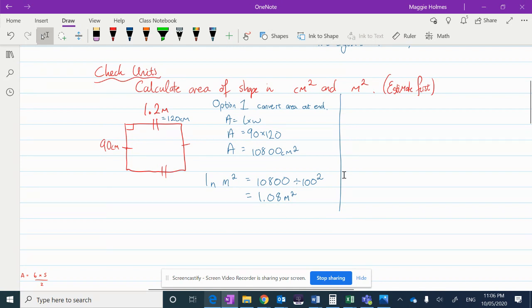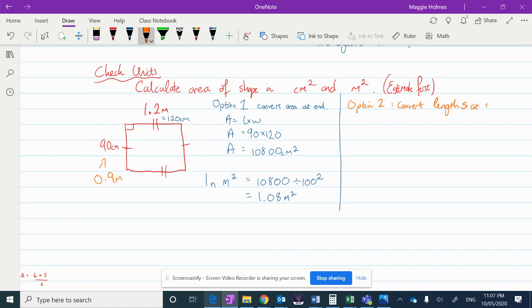Okay, your other option, instead of using the area that you've calculated and then converting units, is you can go back and start again and change this one into meters. So converting all of your units at the start, convert lengths. Converting all units at the start means that you're not having to convert areas and volumes, which is where people often make mistakes, as we've talked about before.